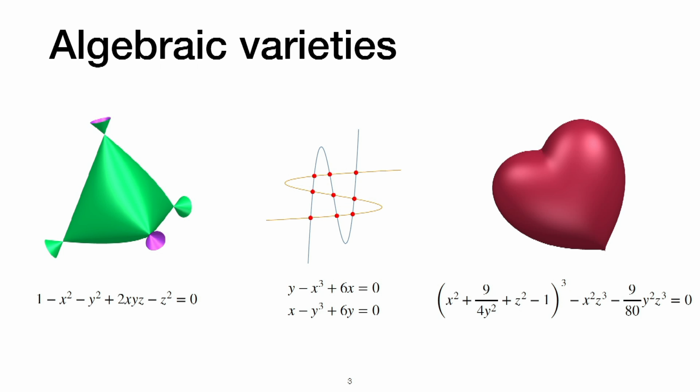This is at the theoretical level. But in terms of computation, with the fast development of computers, you can do many concrete calculations with algebraic varieties. So you have to combine the theoretical advancements in algebraic geometry with the computational power that is now possible.